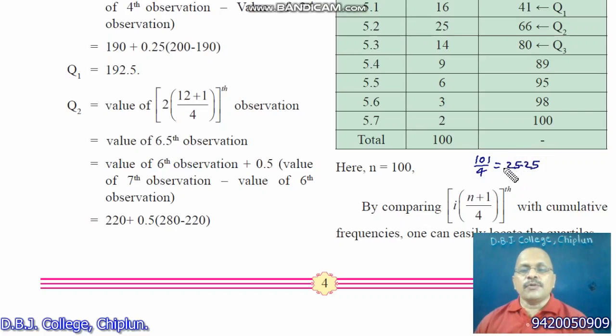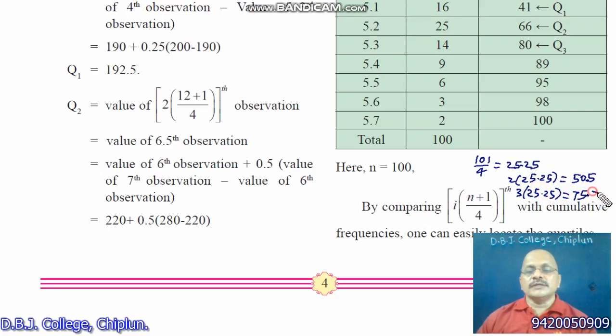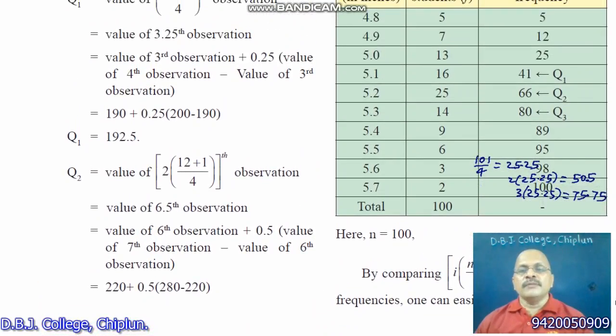So the 25.25th observation is the Q1 observation for the first one. 2 times 25.25, that is the 50.5th observation, is Q2, and 3 into 25.25, that is 75.75, is Q3. Now look at this cumulative frequency table.